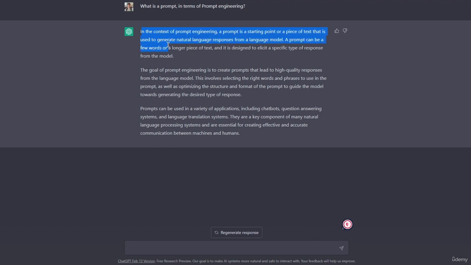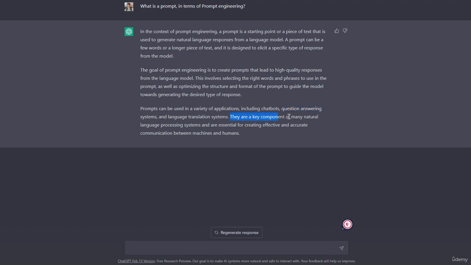Now here we go into what is prompt engineering. But you got a point. A prompt is just the text I gave ChatGPT to get this output. It's what you type in here, basically the input you give ChatGPT. Prompts can be used in a variety of applications, including chatbots like ChatGPT, question answering systems, and language translation systems.